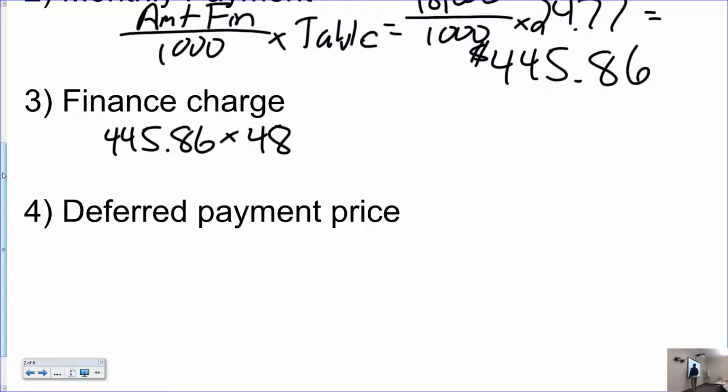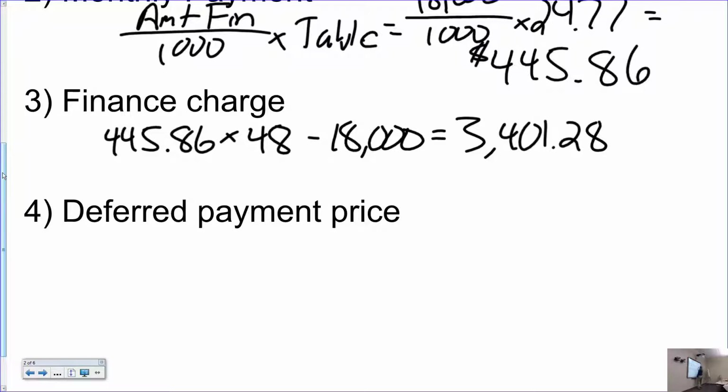Oh, 3,400. What do I subtract to get that number though? The amount financed, yeah. Thank you. Sorry, what was that number again? 3,401.28. Yeah. So just a shade over $3,400 in interest.